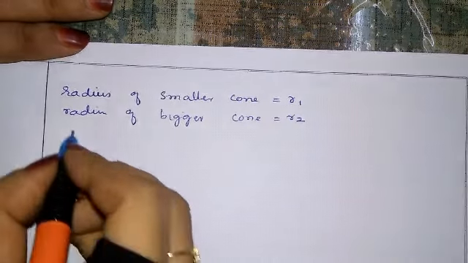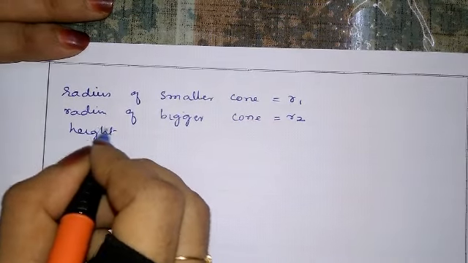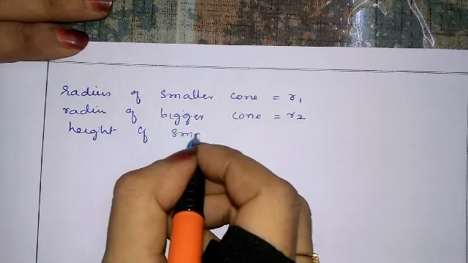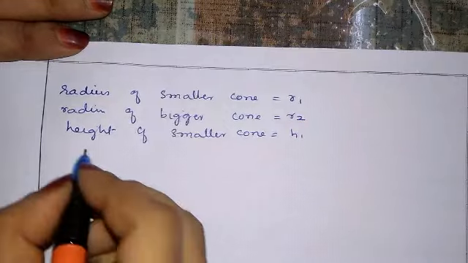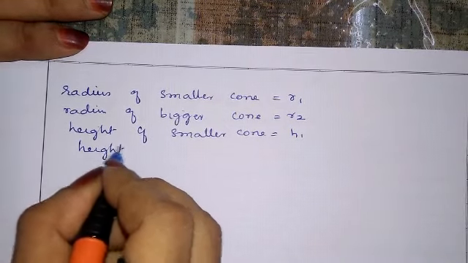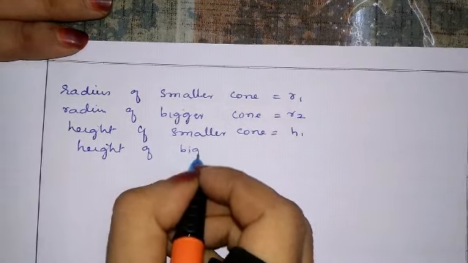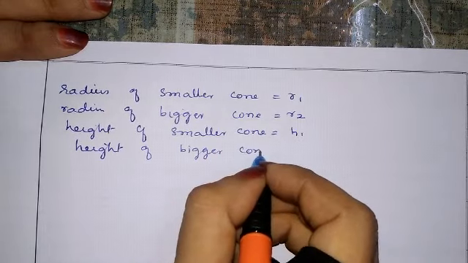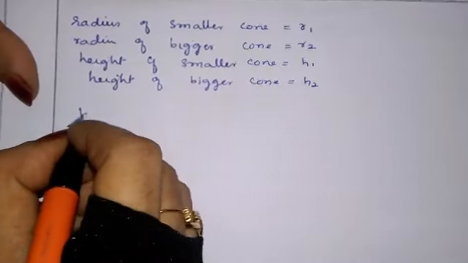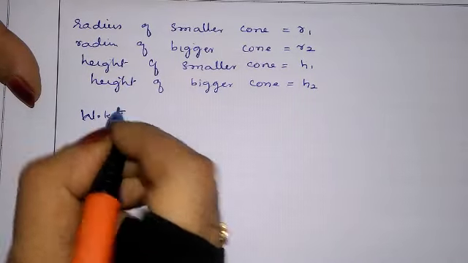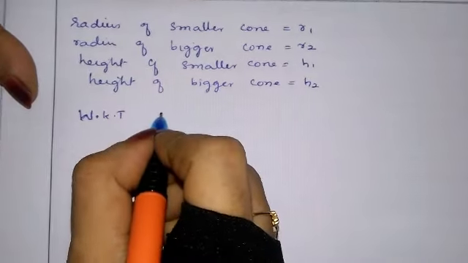It is given in the question. Height of the smaller cone is h1 and height of the bigger cone is h2.